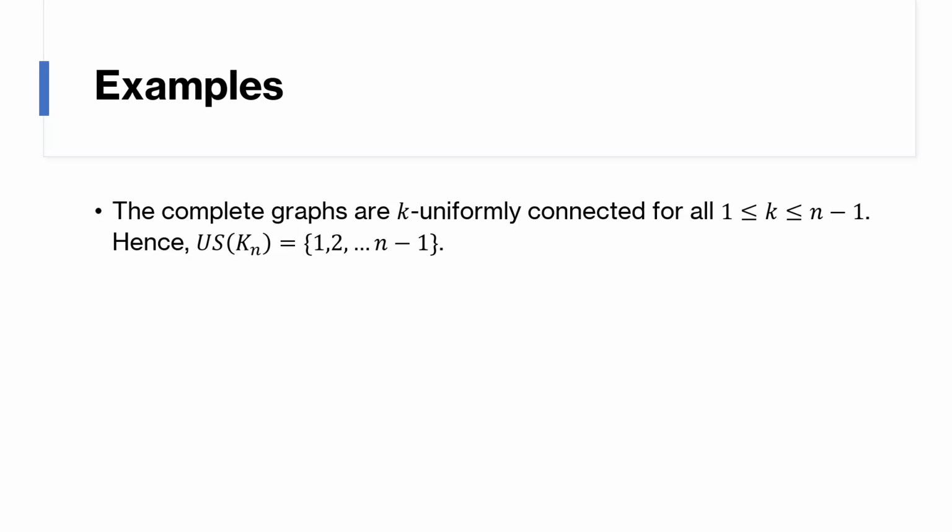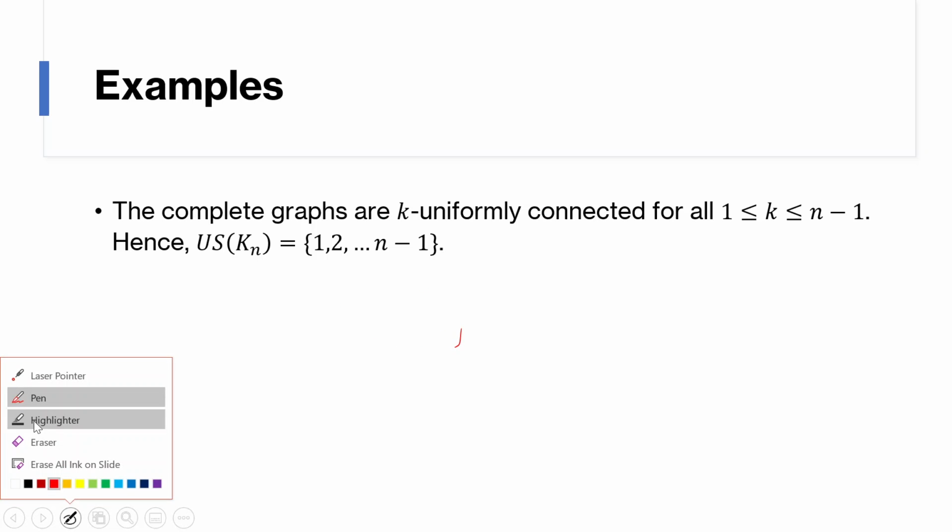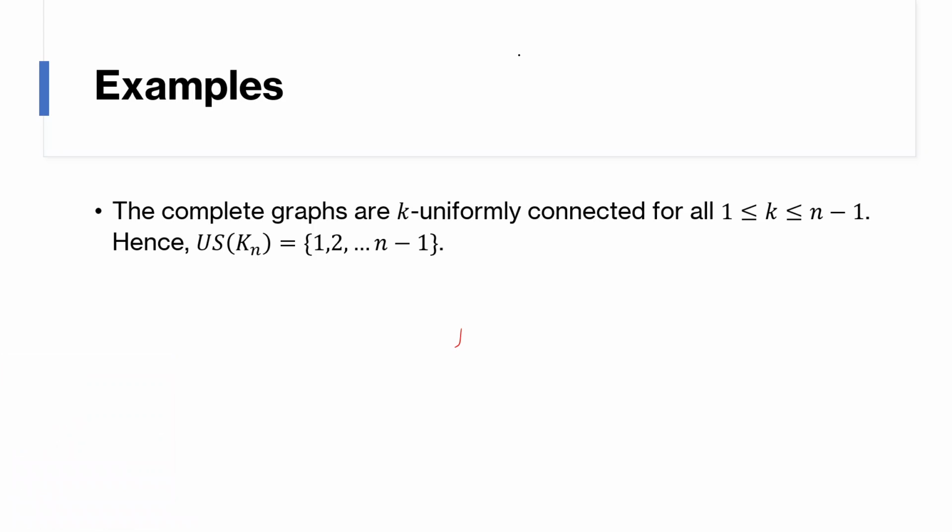So the complete graphs, this is sort of an easy example. Take K4, for instance. Observe that between any pair of vertices you pick, you can find a path of any length between 1 and n minus 1. So between these two vertices, I can find a path of length 1 because they're adjacent.